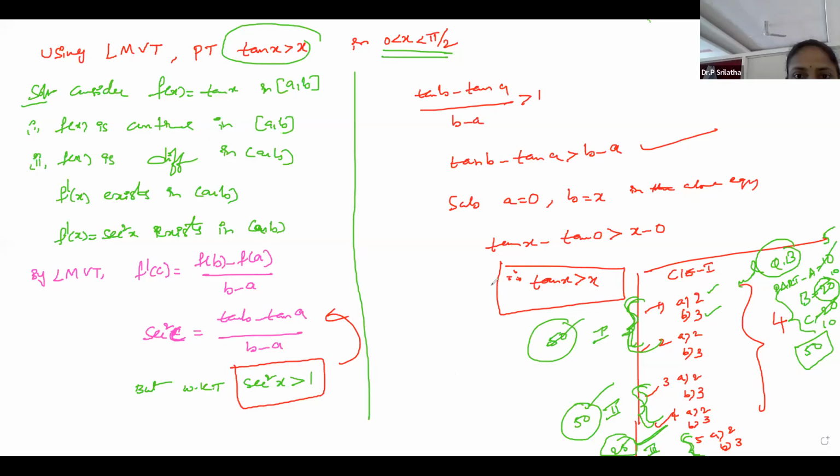I'm closing the session. Before that, I will give you homework problems. Raju sir, wait for 2 minutes. Let's write down the homework problems.